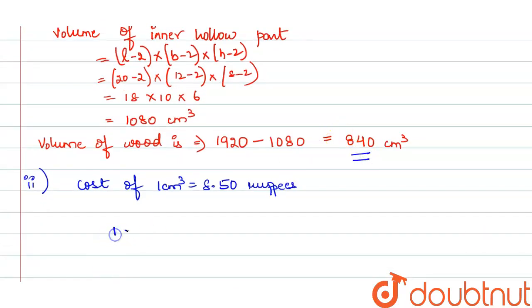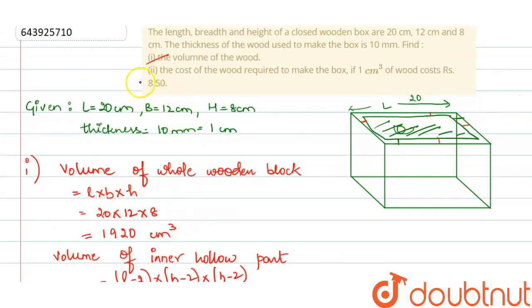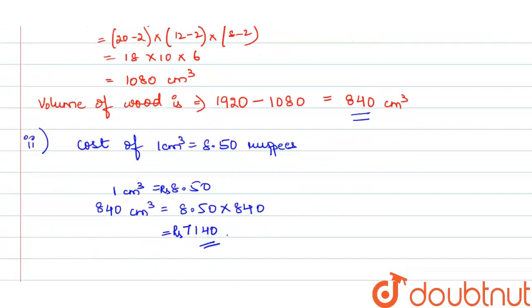So 1 centimeter cube is equal to Rs 8.50, so for 840 centimeters cube, it will be 8.50 into 840. When we solve this, it comes out to be 7140. So this is the cost of the wood required to make the box. Hence the second part is also done, and these are both the answers.